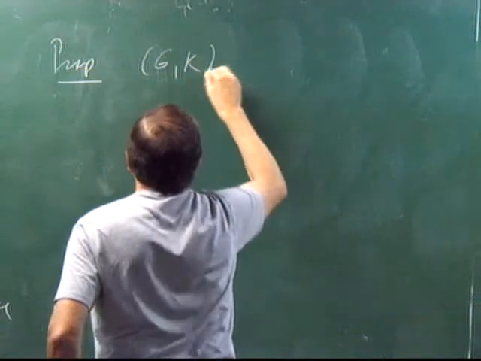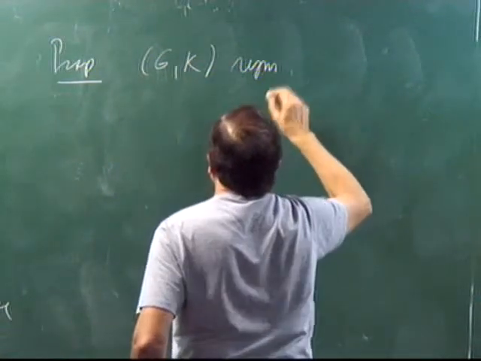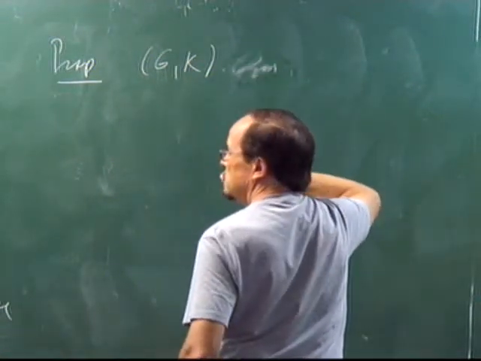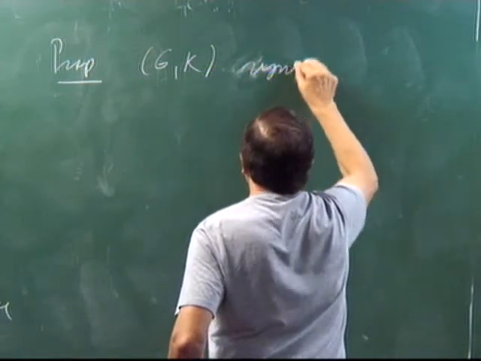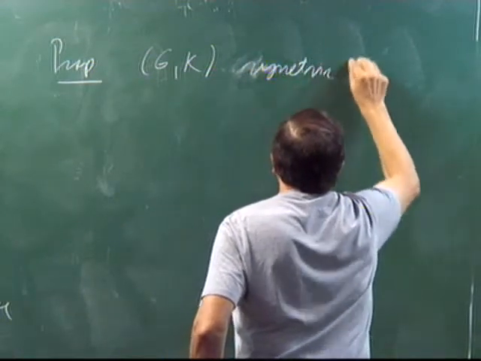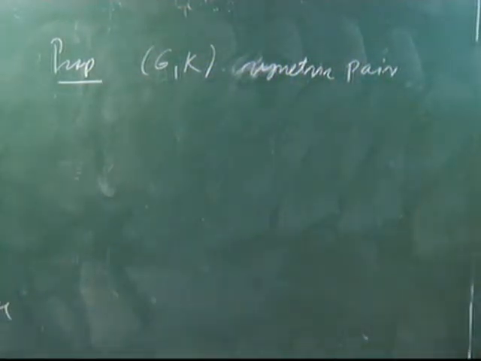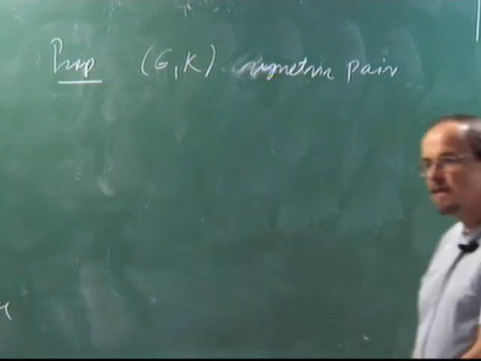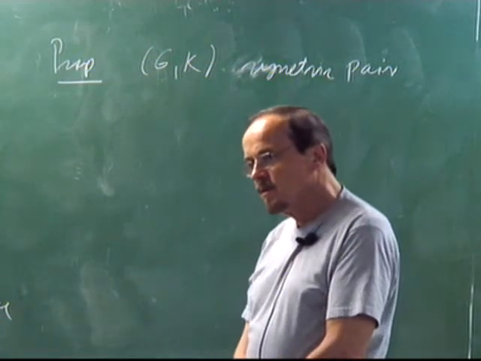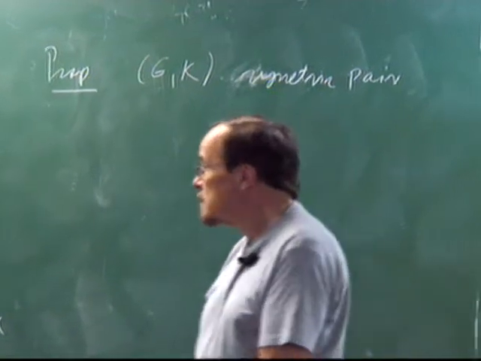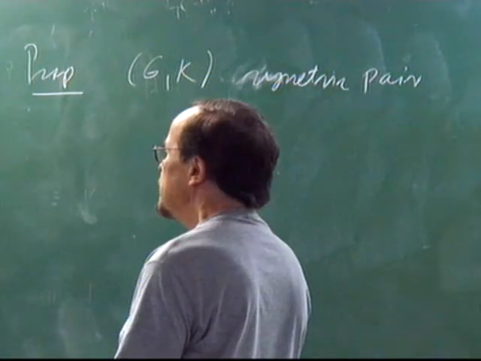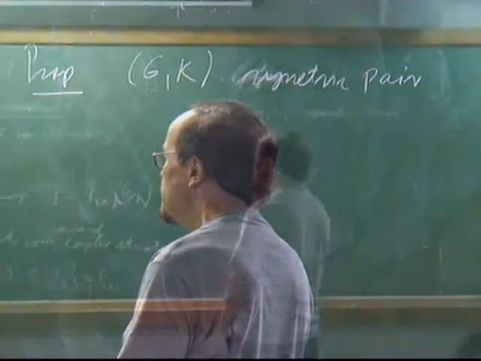(G, K), let's assume it's a symmetric, quaternion symmetric pair. Is it clear that the symmetry preserves F? Okay, you're right. I do have to prove something. Thank you.